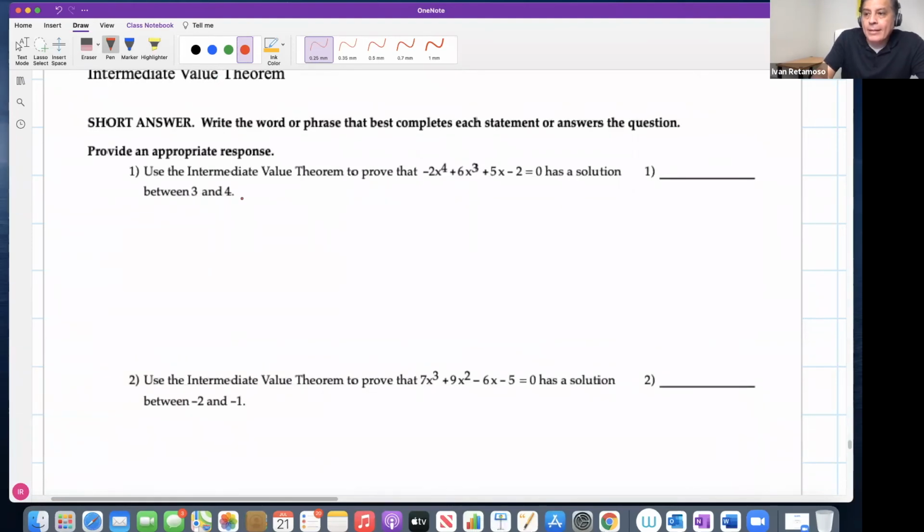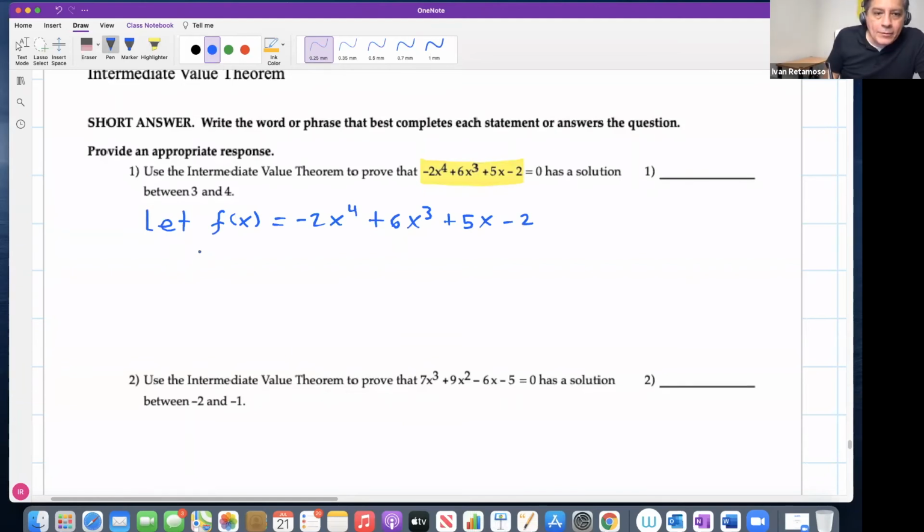So what I do is first I say, okay, let f of x be negative 2x to the 4 plus 6x cubed plus 5x minus 2, be my function.